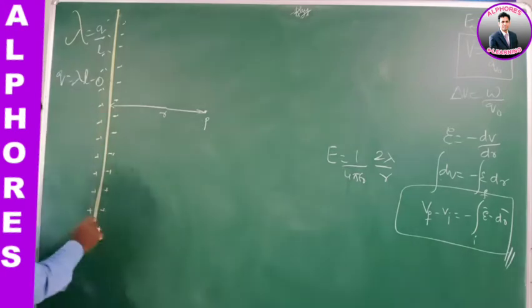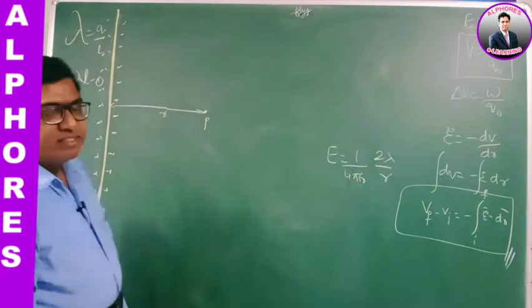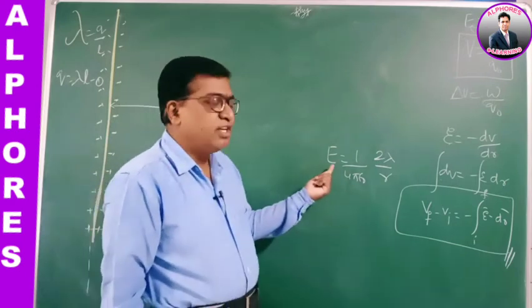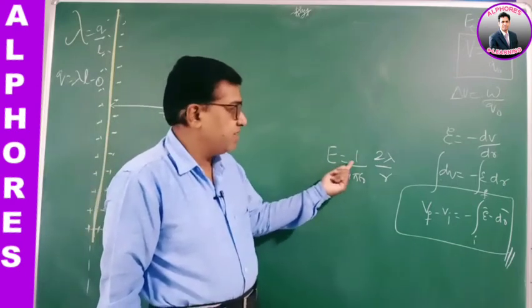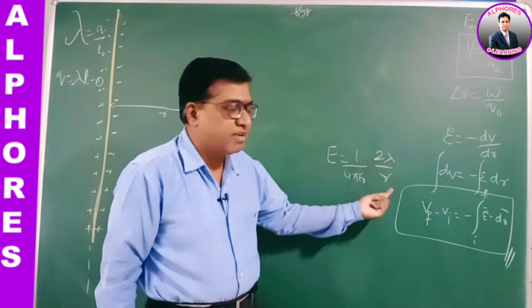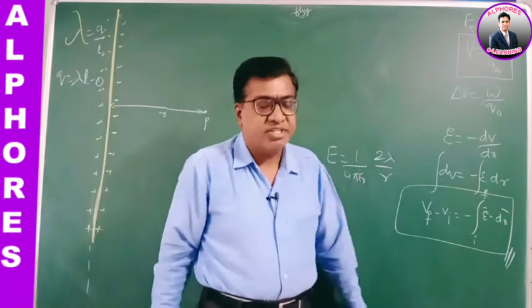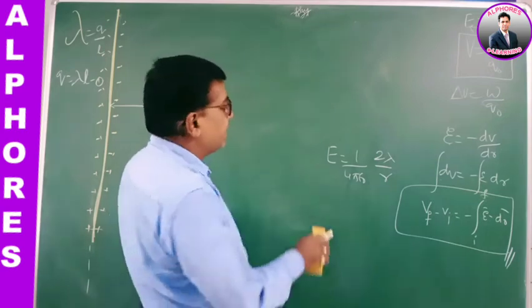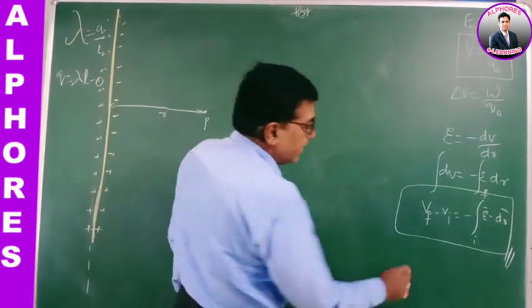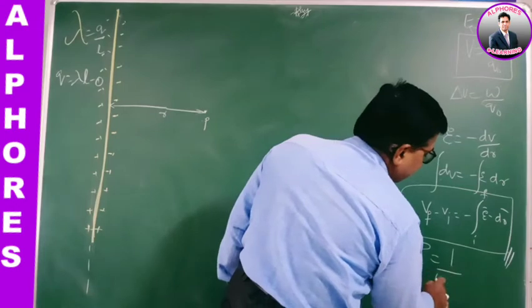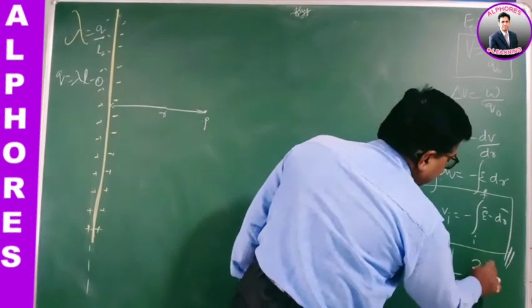So the electric field due to a linear charge of infinite length is 1 by 4 pi epsilon naught times 2 lambda by r, and according to the relation between the potential and electric field, we can proceed.